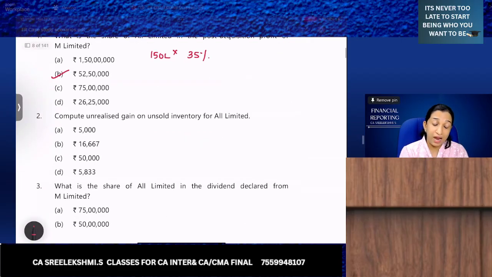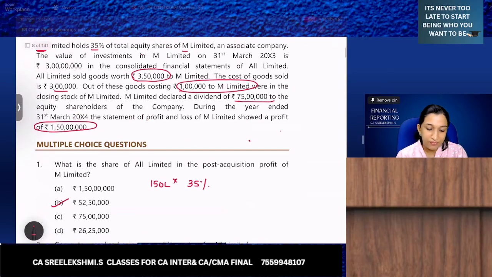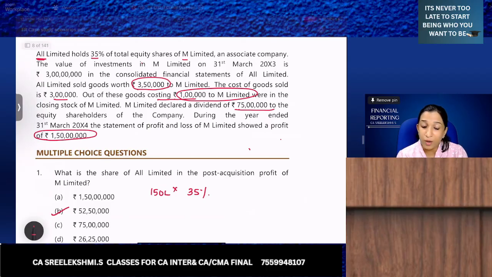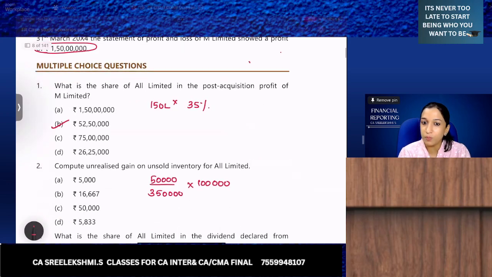Compute unrealized gain on unsold inventory. Unrealized gain is 50,000, the profit added on a sale of 3,50,000. Why do I calculate on sale? So that I can find out how much on 1 lakh. It's 1 lakh cost to M, so that 1 lakh represents cost plus profit.